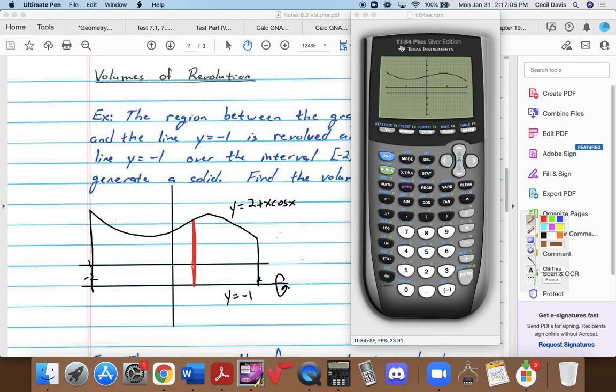A circle. It would sweep out an entire circle. Okay? And the pen, what part of the circle is that? The radius, right? Yeah. So this is the radius of the circle.